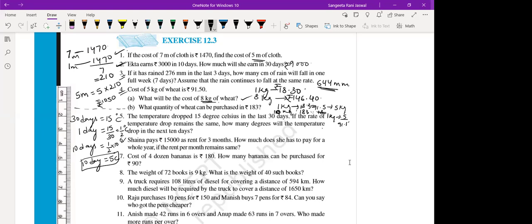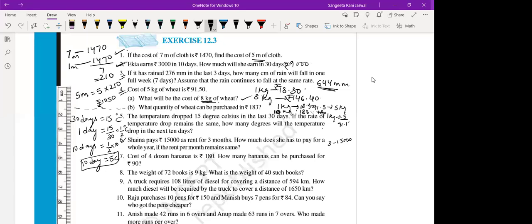Ma'am, Shaina pays rent for 3 months equals rupees 15,000. Okay, so 3 months rent is 15,000. Then what? Then we divide.